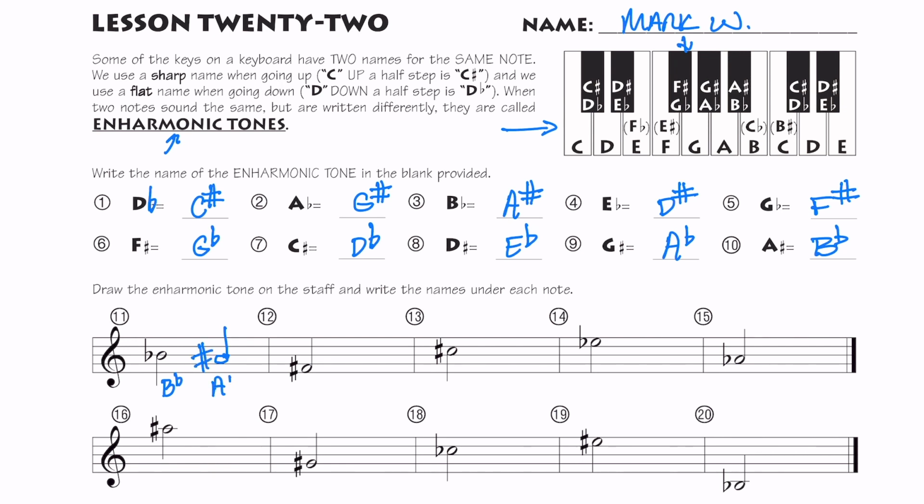So B flat is the same as A sharp. Sharps work backwards. So F sharp, I go up a letter name. Let me write my F sharp here. What is the letter name up from F? It is G. But now instead of a sharp, it's G flat. Remember, the flat sign is before the note, but after when you say it, G flat.